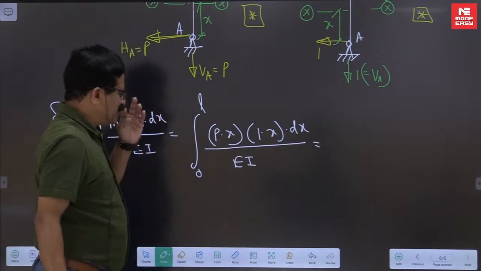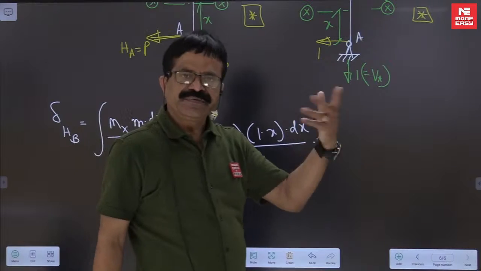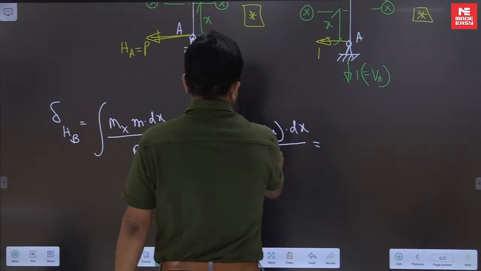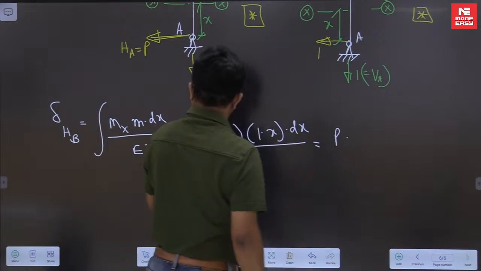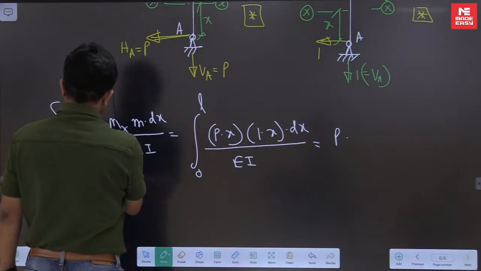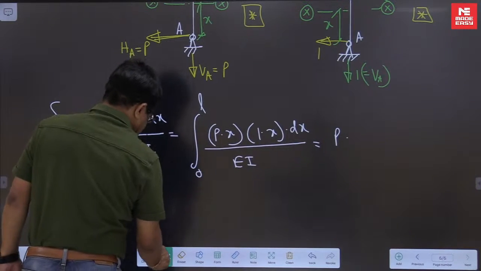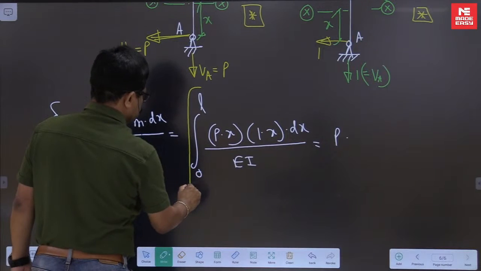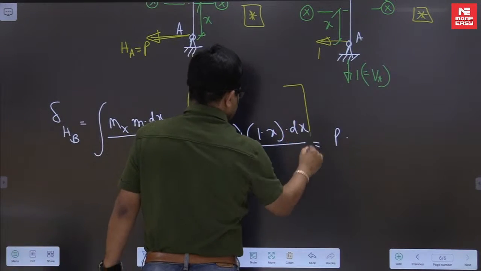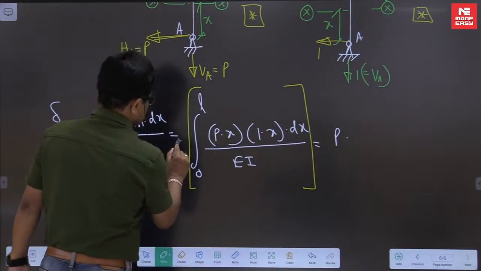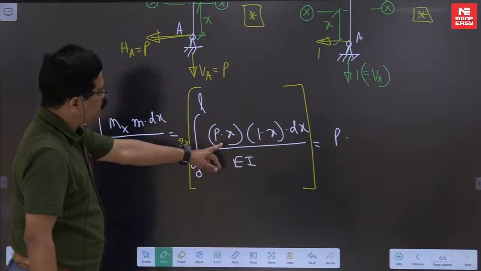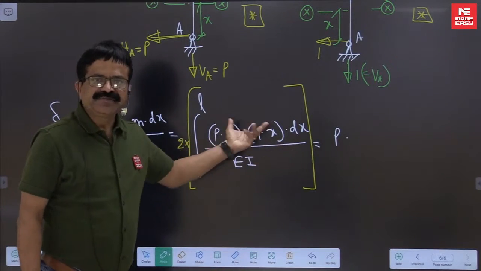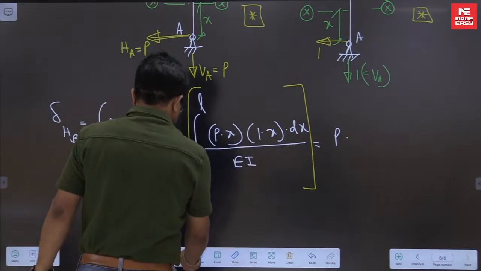If they don't mention the nature of EI, we will assume it is constant. So we will get P into, how many segments are there? Two segments are there. Why two? Two members are there, same Mx and m values.